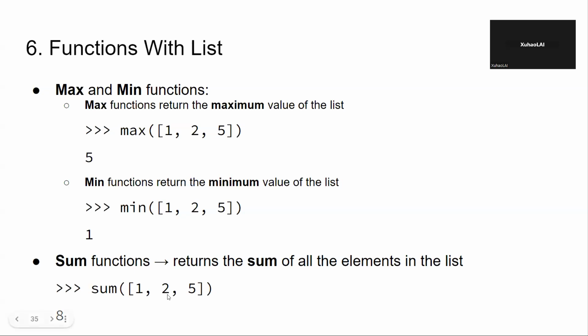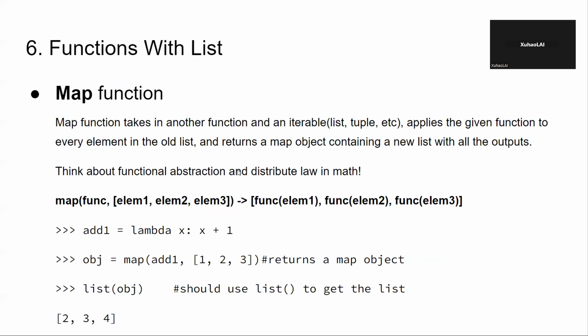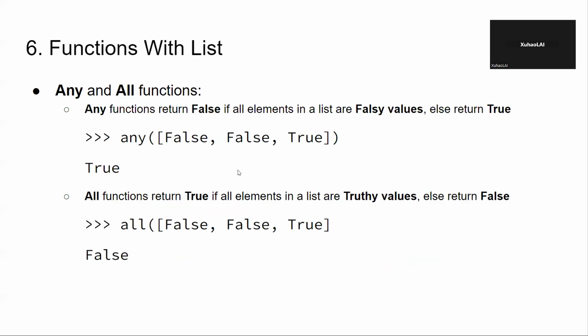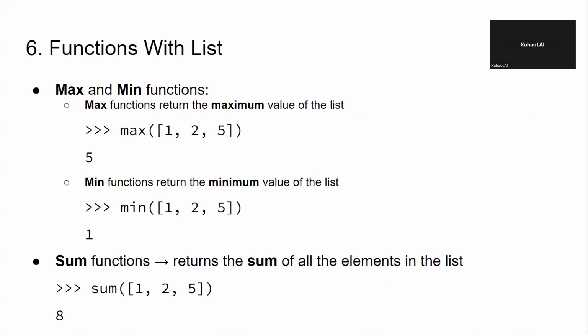Suppose I have 1, 2, 5. So I'll get 1 plus 2 is 3, 3 plus 5 is 8. So I'll return 8. Sum is adding all the elements together and then returning the sum. So these are the functions to use with a list: all, map, max, min, sum. Oh, it's 6 actually. Yeah.